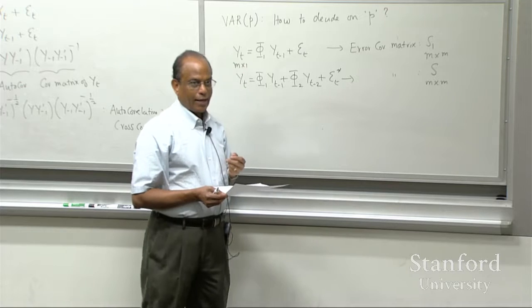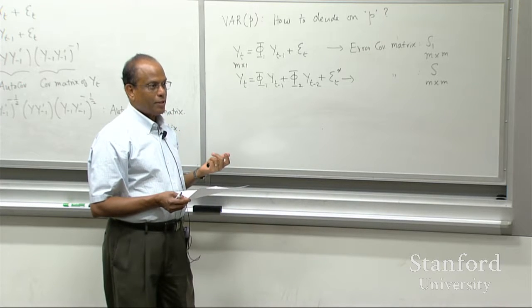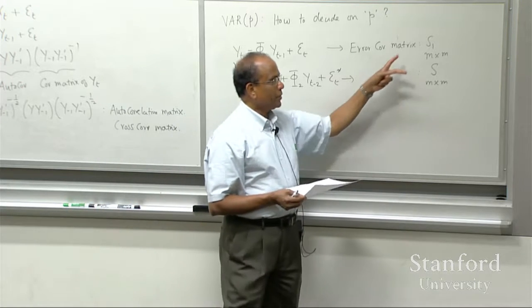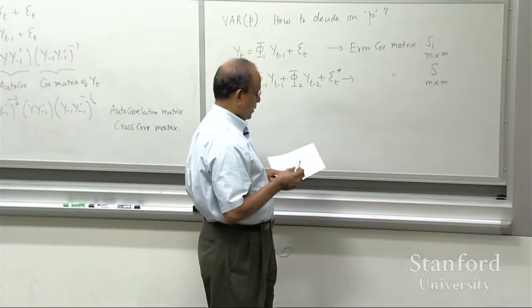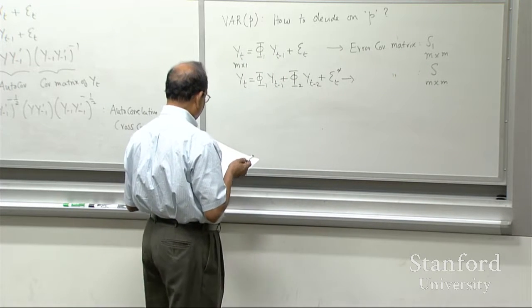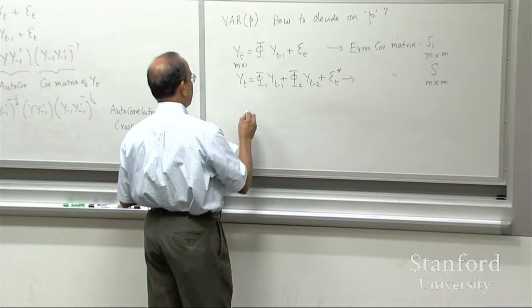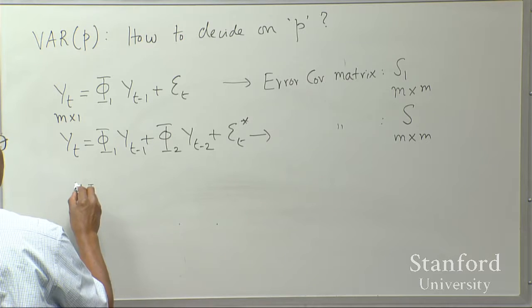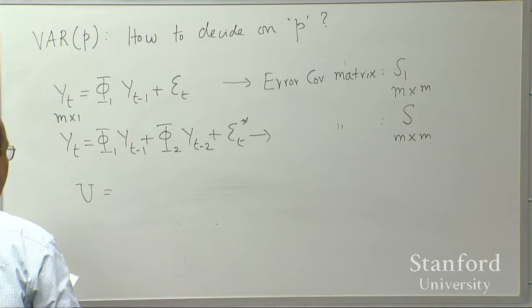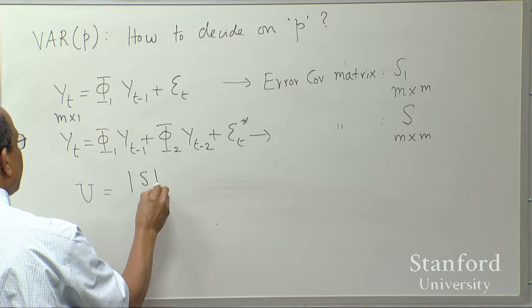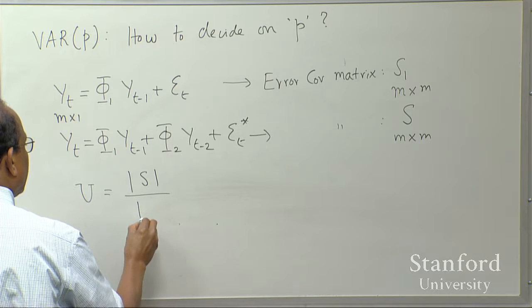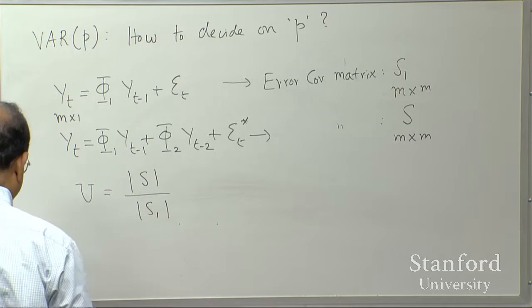Adding the second lag doesn't make any difference. If that is the case, you should expect these two numbers to be the same. I would follow that logic, so the key quantity here is this U statistic, which is given as the determinant of S divided by the determinant of S1.